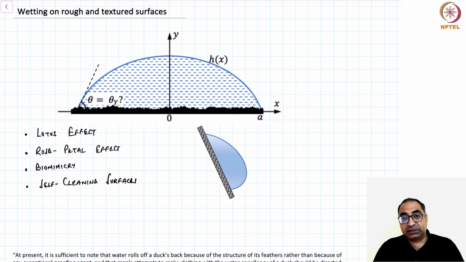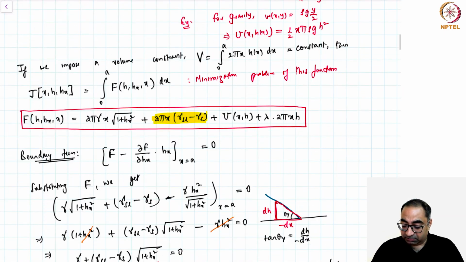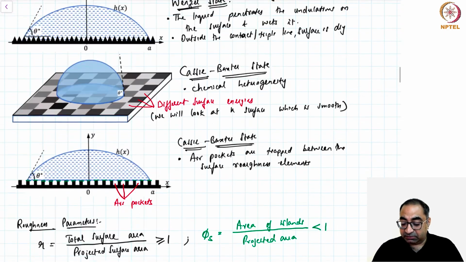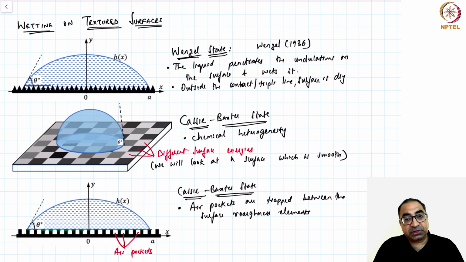We have looked at another Cassie-Baxter state where we have air pockets entrapped between the droplet and the surface. And then we also had the Wenzel state where the liquid penetrates into the solid surface. There are more cases that one can always look at, but it would take too much time and effort to go through all the possibilities.